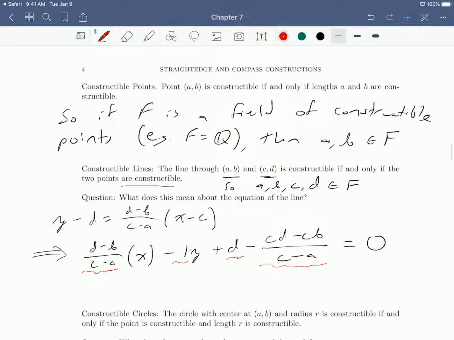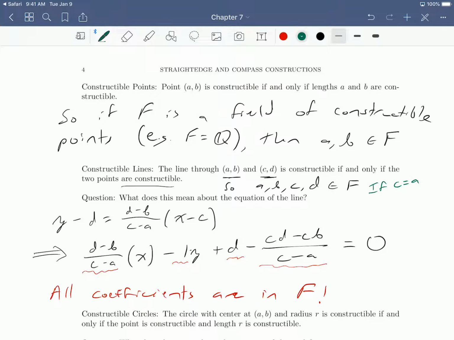Because a, b, c, and d were in our field F, and F is closed under addition, subtraction, multiplication, and division, all these coefficients are in F. There's one thing we didn't consider: this equation works fine as long as c doesn't equal a.